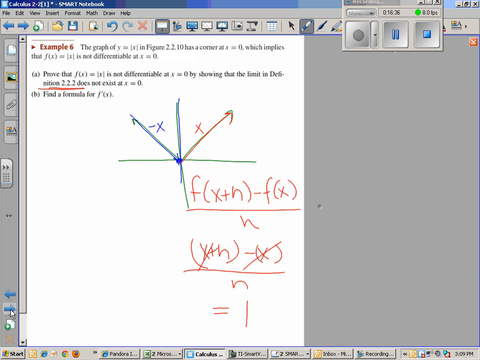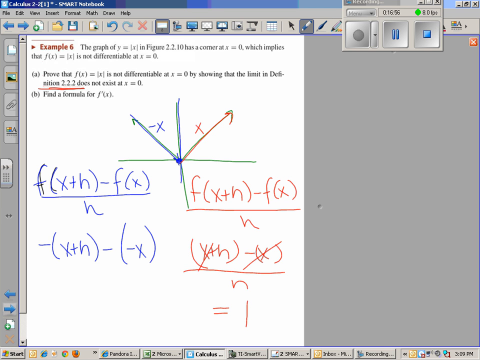Now we look at it from the left side. We're doing the same thing. I'll use blue. Notice I didn't even need the limit. Negative, plug in the x plus h, minus the negative x. So negative x minus h, 2 negatives make a positive, all over h, gone, gone. Negative h divided by h is equal to negative 1.